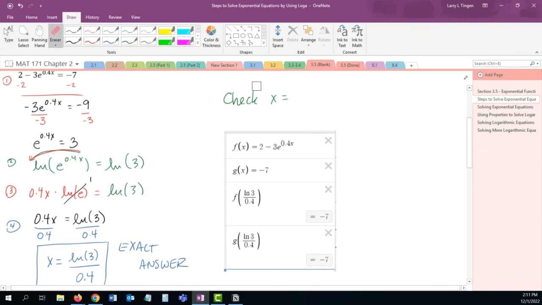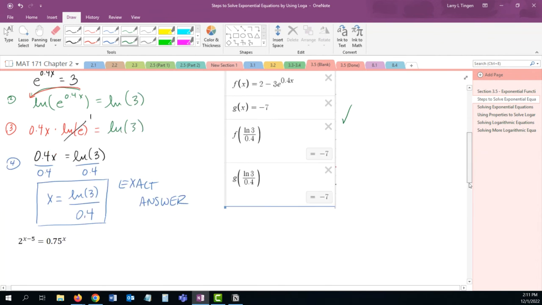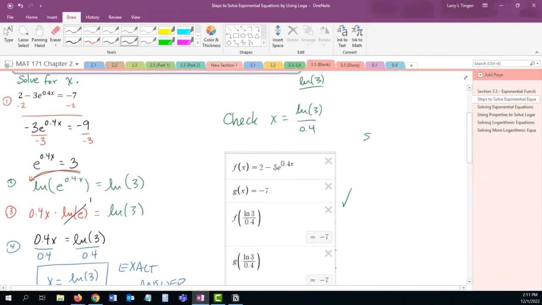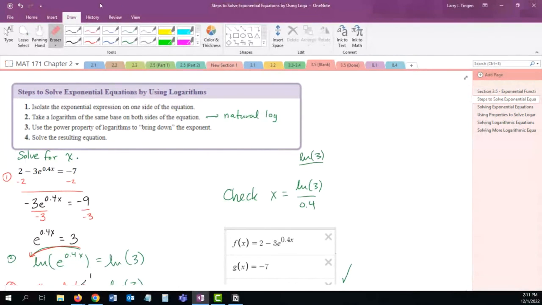All right, so I'm checking natural log of 3 divided by 4/10. This checked, so that means my solution set, and I'll tell you what, I'm going to write that a little bit closer to the original problem, just as good practice.